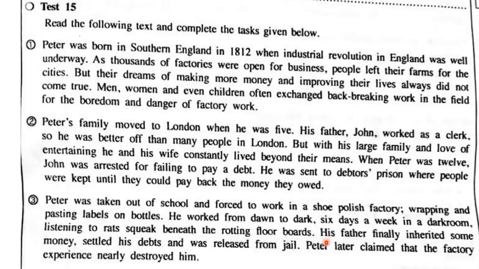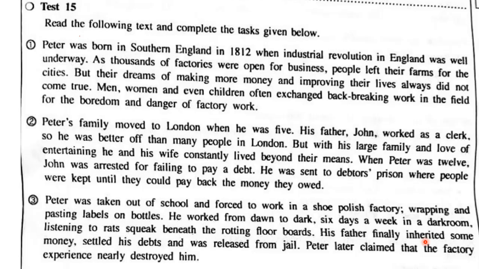Very pathetic condition. His father finally inherited some money, settled his debts, and was released from jail. So what happened was, finally his father inherited. Inherited means that somebody from the family, usually when they die, will write it in their will.